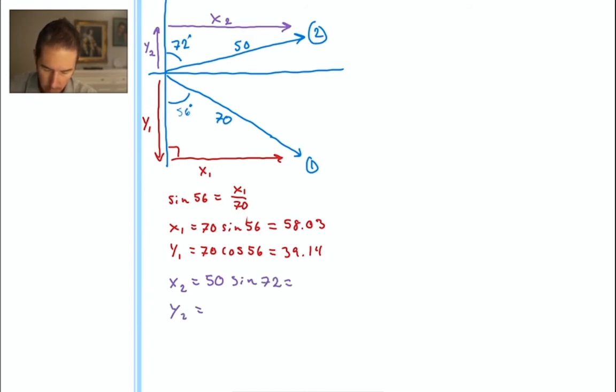And y2 is equal to 50 times the cosine of 72. Let's come up with some decimals for those. 72 sine times 50 equals, I got 47.55. And I'll clear that, and 72 cosine times 50 equals, I got 15.45.